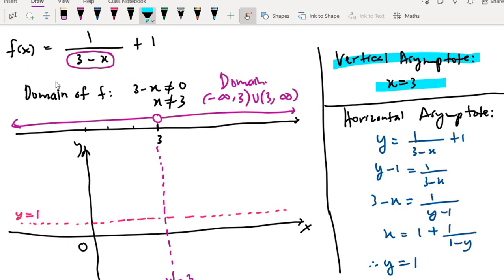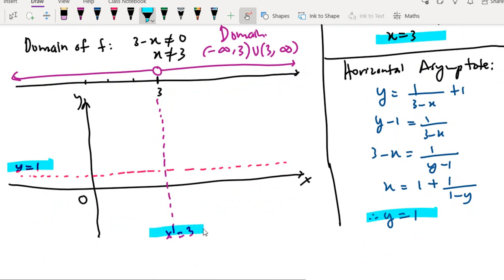From observation, the horizontal asymptote is y equals 1, but we need to show it properly. Write x as the subject, and then you get y equals 1. This is the horizontal asymptote y equals 1, and this is the vertical asymptote.